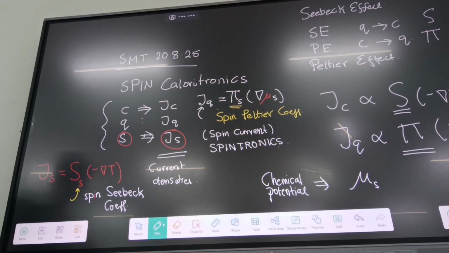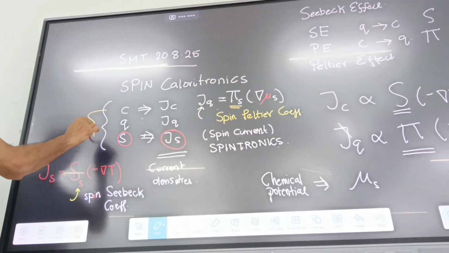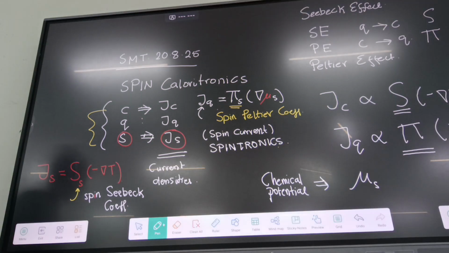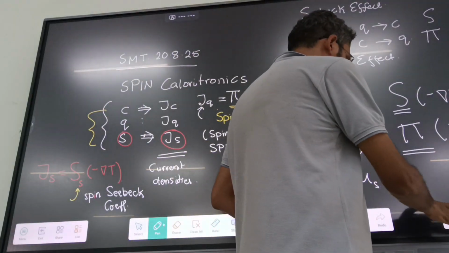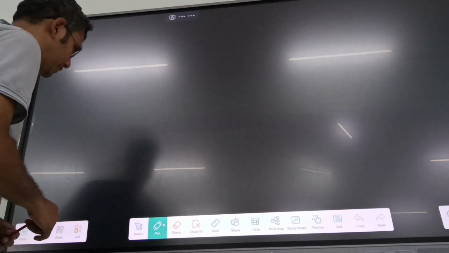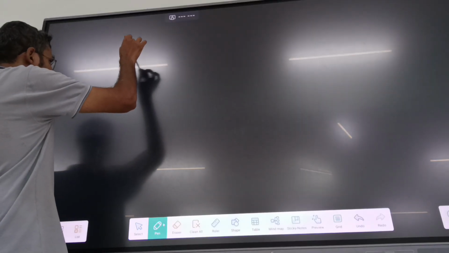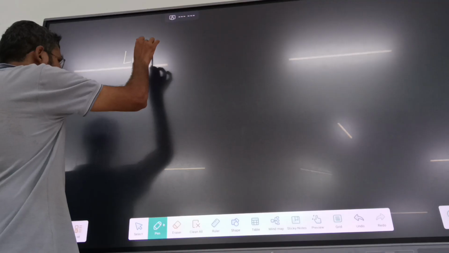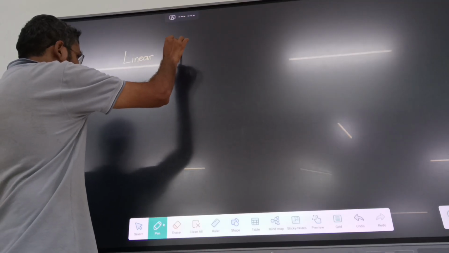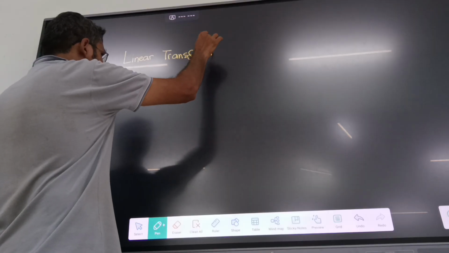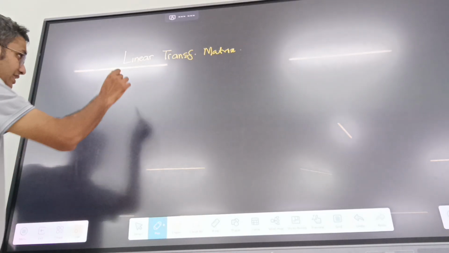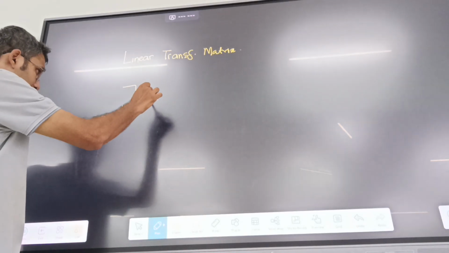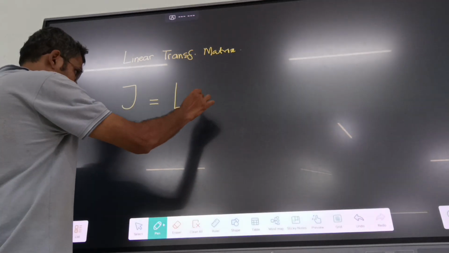तो ये जो सारे relationships हैं, all these inter-converting relationships between these three entities, they can be expressed by a transformation matrix. They can be expressed in terms of a linear transformation where I am expressing J as equal to Lij.